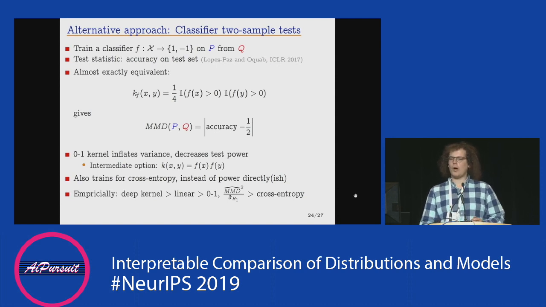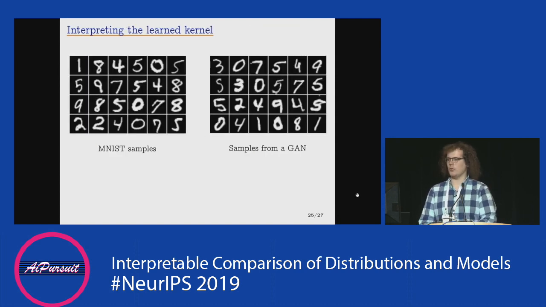Okay, so I'm going to end now with a few words on interpretability. Here's the problem that Arthur mentioned earlier of this GAN criticism, again on MNIST. The question is we want to distinguish these two distributions, and it turns out they're different. Even with a trivial kernel, you can tell that they're different.